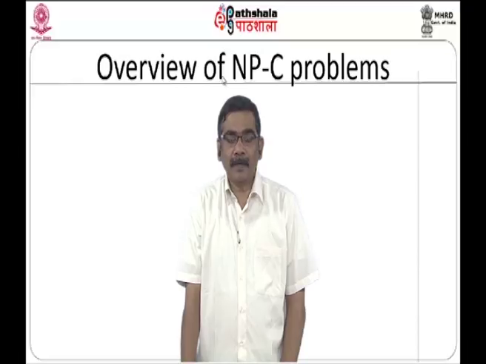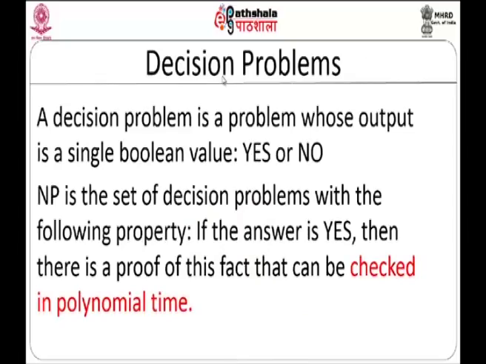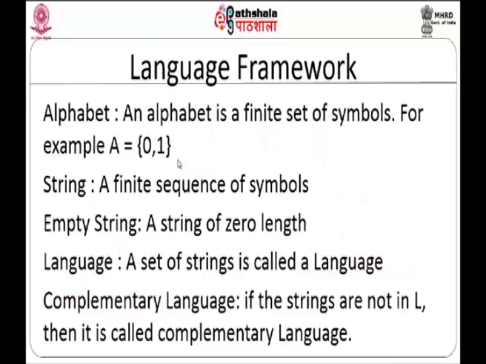So, we will talk about this set of problems. As I said earlier, the prerequisite for this is a decision problem. So, all the problems in the computer science domain should be mapped to decision problems, and once we have the decision problem, then we can create a language framework.